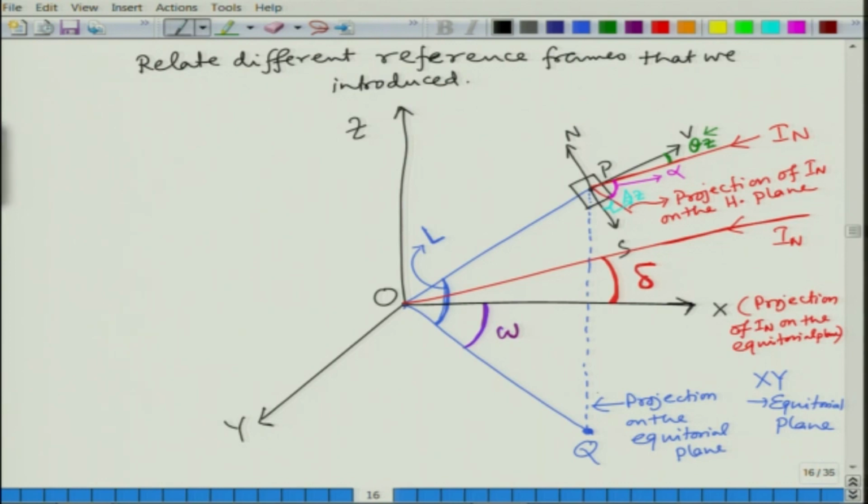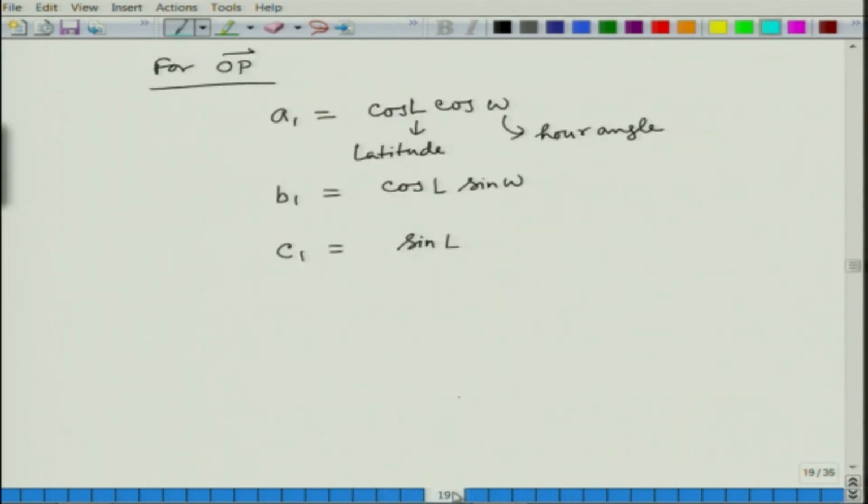All these things are happening in the xy plane. Now, in the plane Z P Q O, the z axis projection would be sin L, the sine of the latitude angle. That is how we are getting the direction cosines.